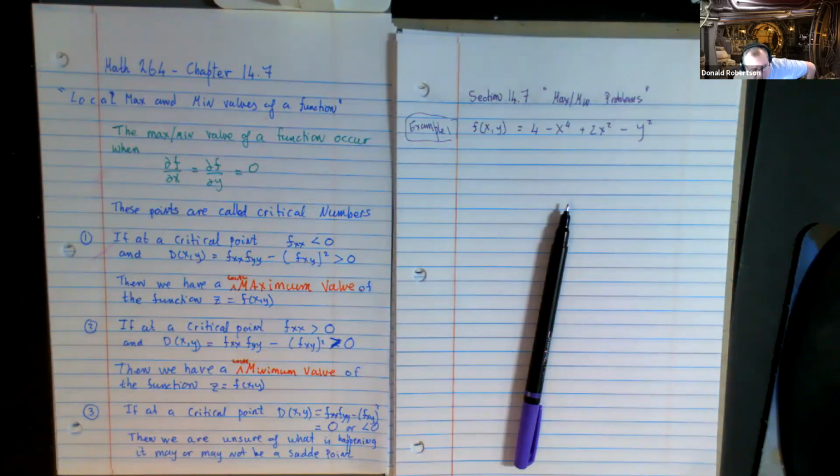We call those saddle points. If you get this third situation, you're really meant to go into some graphing software and just look at the function. If you see a saddle point, then you know it's a saddle point. If you don't, then it's a max or a min, and you'll see that.